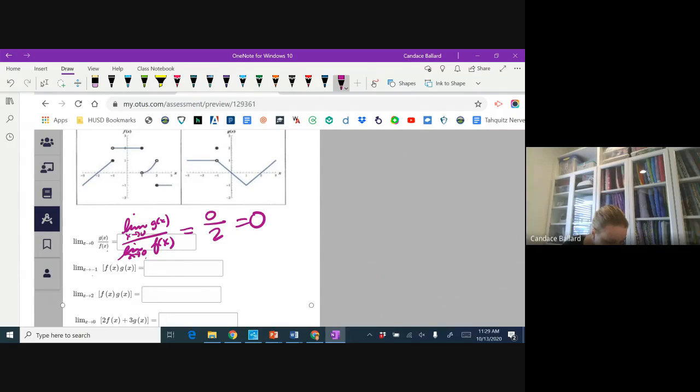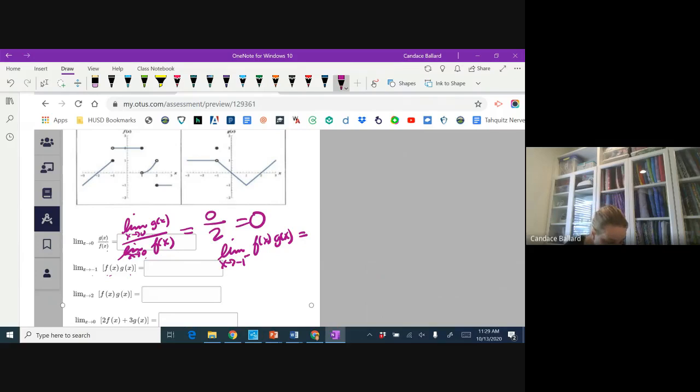I'm going to start by looking at my right and left hand limits on both of them, because I don't really know. It looks like there's some kind of a gap, and since I'm multiplying these together, they might turn out to be the same. So I'm going to do the right and the left separately. The limit as x approaches -1 from the left of f of x times g of x.